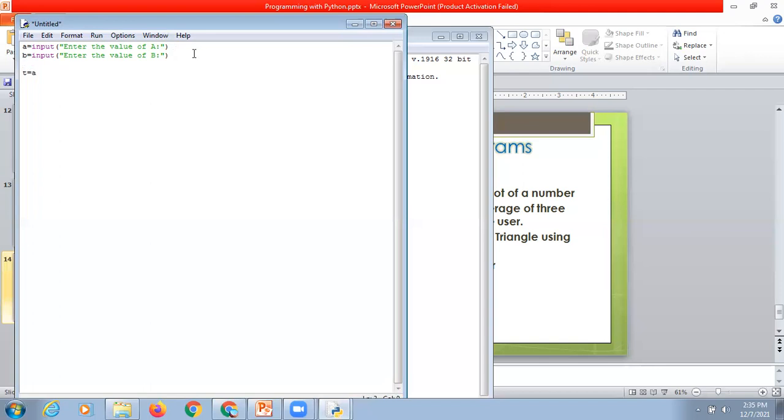Before writing this T equals to A, let's just print the values of A and B. Print the value of A is, comma A. In the same way, we will also print the value of B. The value of A before swapping, let's write.